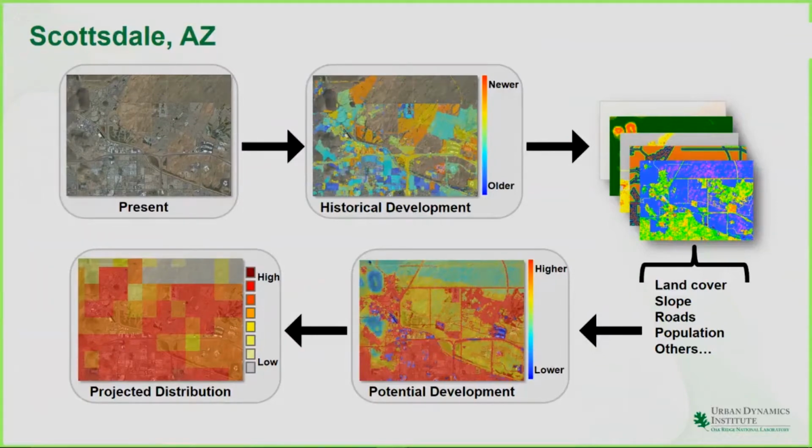Once we had actually projected the actual population growth for that area, we then distributed that population to the potential development surface, giving us our projected distribution for the years 2030 and 2050.